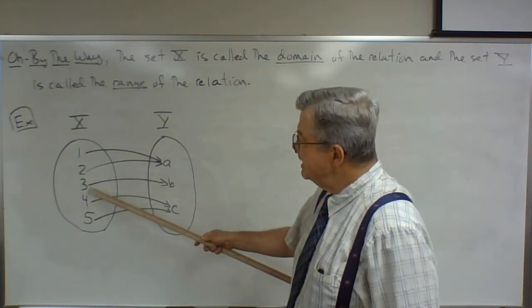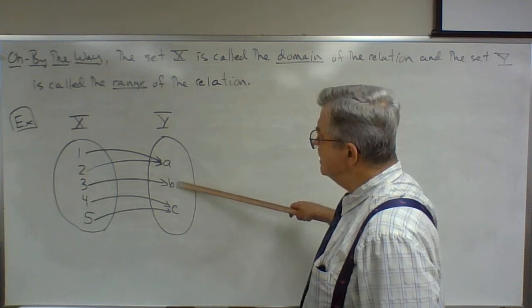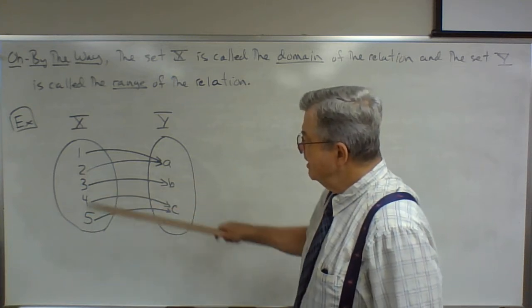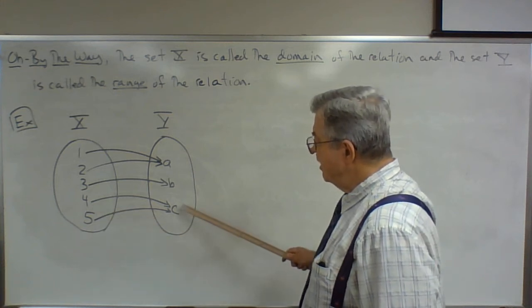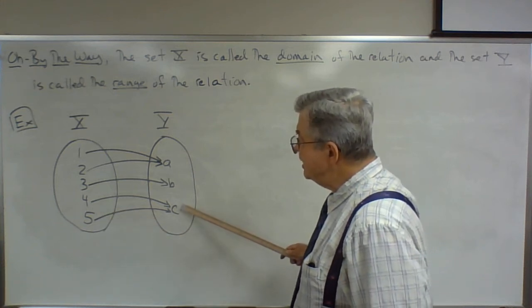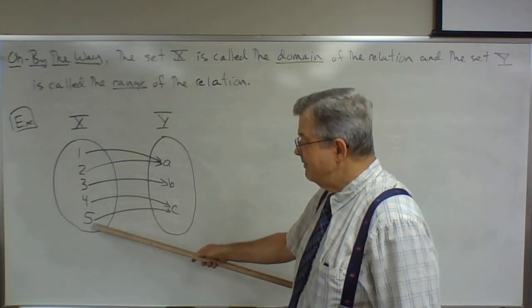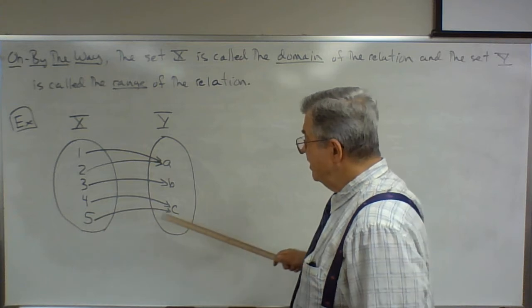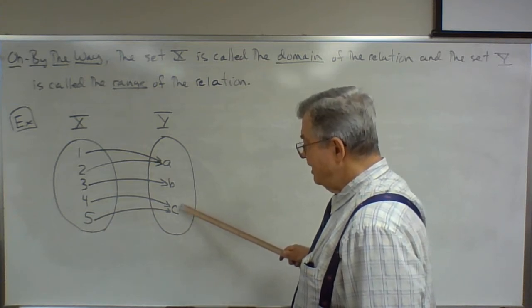To the element 3 of the domain, our rule assigns the element b from the range. To the element 4 in the domain, our rule assigns the element C from the range. And to the element 5 in the domain, our rule assigns the element C in the range.